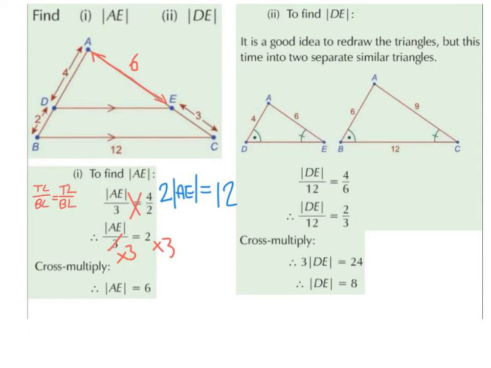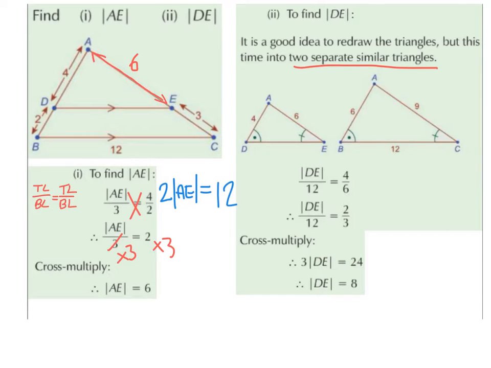To find the length of DE, it's a good idea to redraw the triangles, but this time to separate them into similar triangles. So we have ADE and ABC.